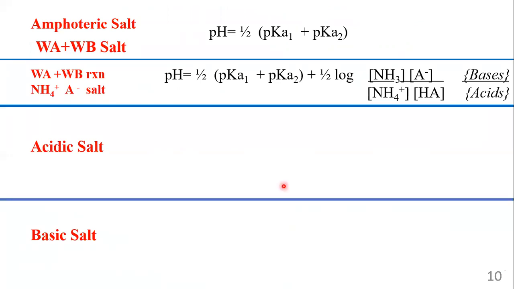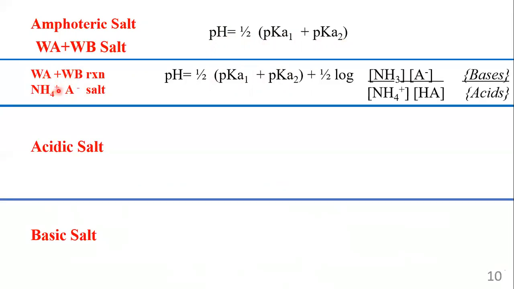And that's it for salts. If I have amphoteric salts, you simply say pH equals half pKa1 plus pKa2. Also, for amphoteric salts that come from a reaction of a weak acid plus a weak base, where the acid and the base concentration are not necessarily the same. If they were, then they pretty much cancel out. And if Ka equals Kb, everything cancels out, and you can simply use this equation.